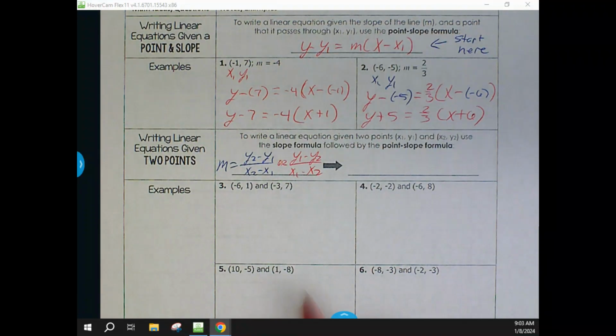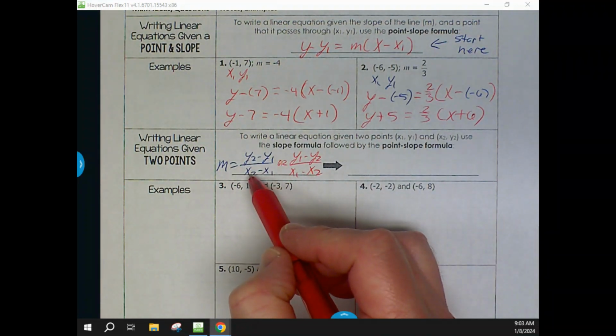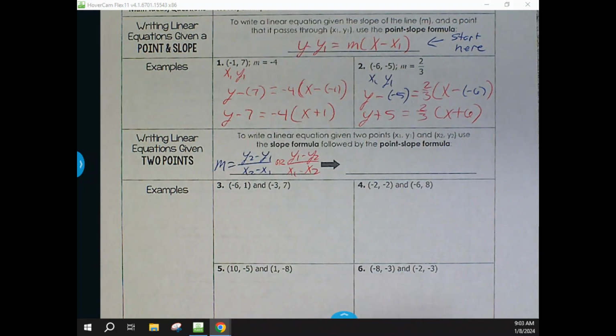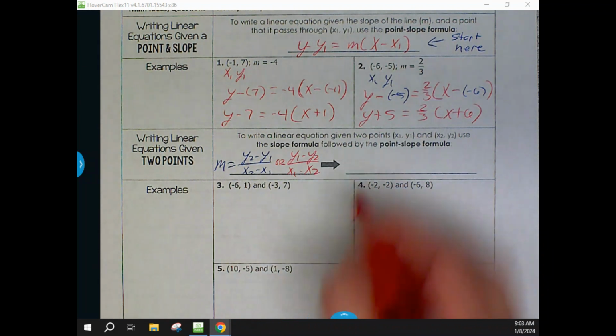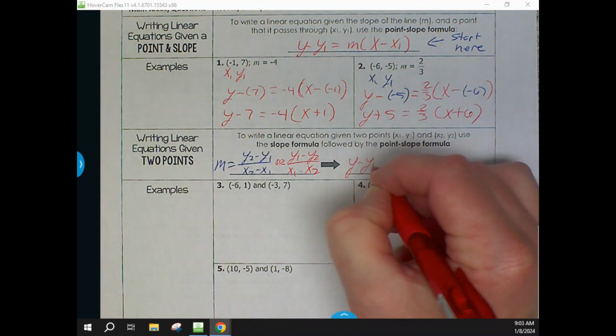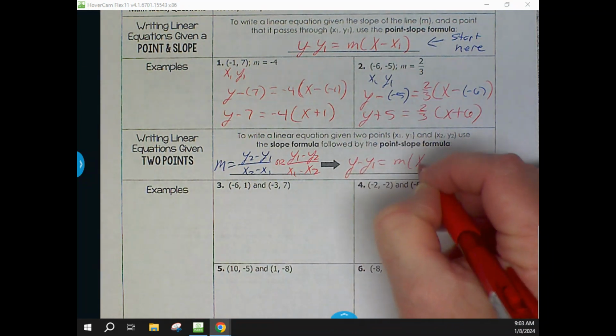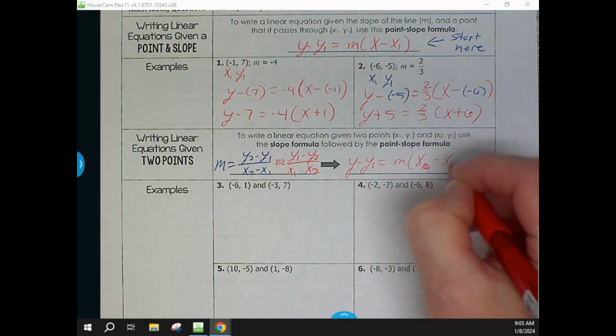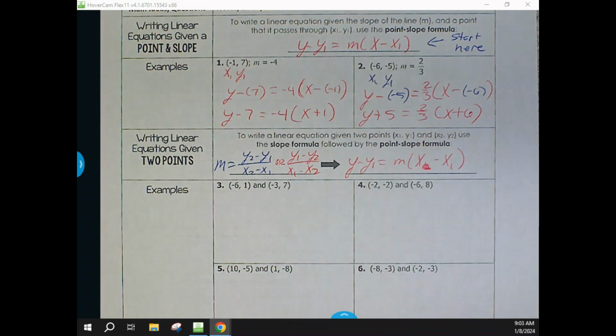So if this was -4 over 5, this winds up being 4 over -5, but the answer is still going to be negative as you go through that one. And then once you've got your slope, then you can plug it back into the point slope formula. So y minus y1 and then m times x minus x1.